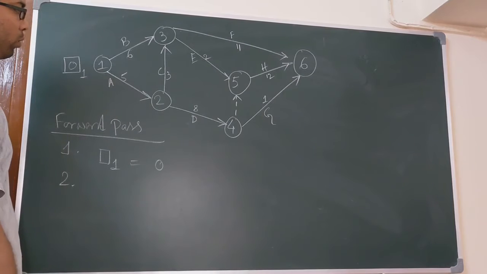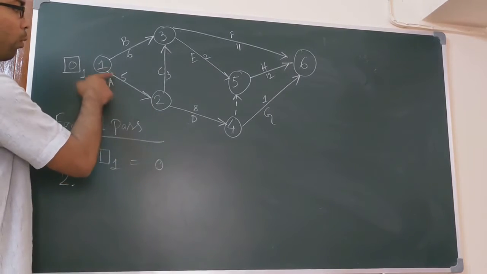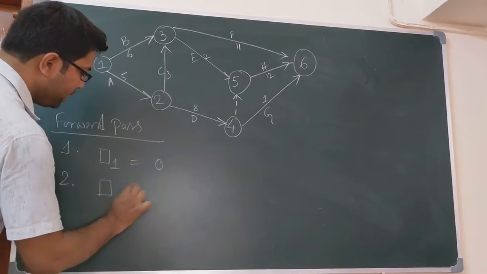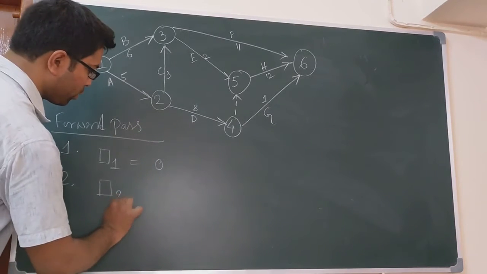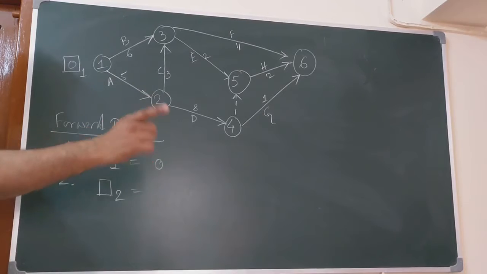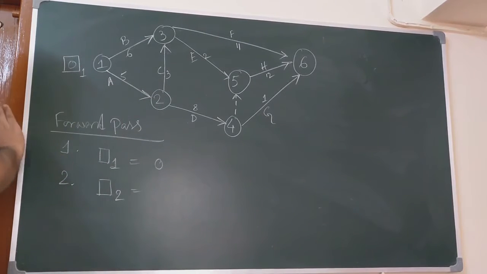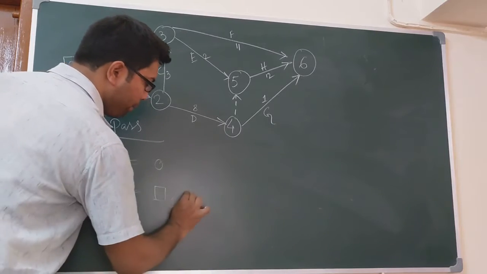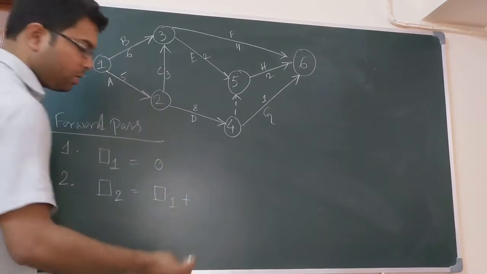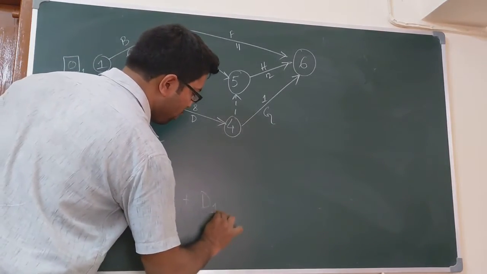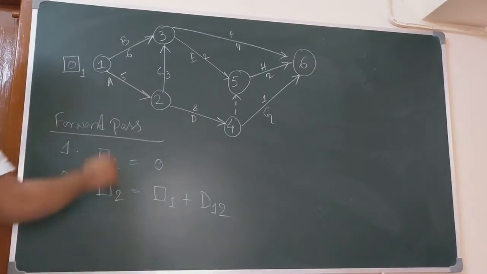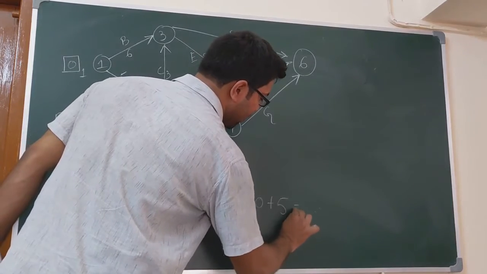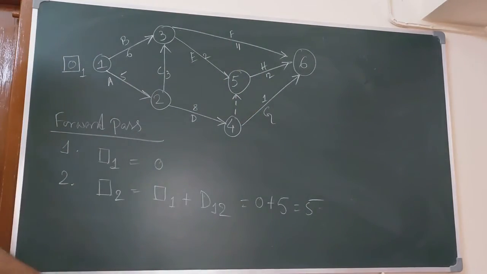So, for the second node, there is only one incoming edge. So, we know that earliest occurrence of the second node equals the already calculated earliest occurrence of the first node plus the weight, that is G of 1, 2. G of 1, 2 is 5. So, 0 plus 5, that is 5, right?